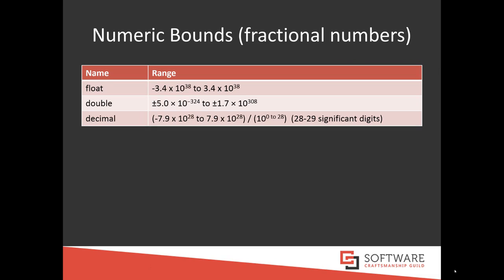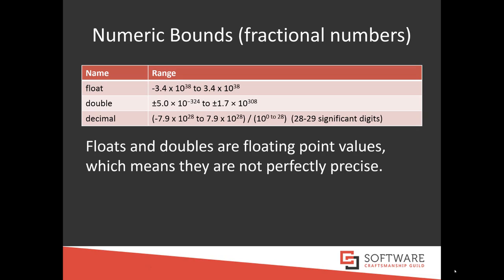We can also represent fractional numbers in our code. There's 3 types for doing this: the float, the double, which is bigger than a float, and the decimal. All of these types can hold very large numbers, but floats and doubles are what we call floating point values, and this means they're not perfectly precise. And if you go take a computer science class, they'll explain to you why this is.